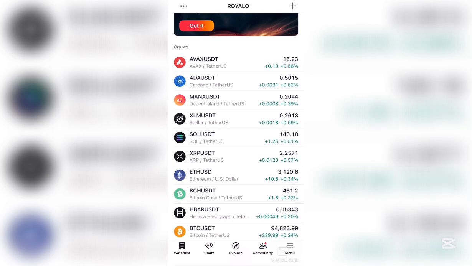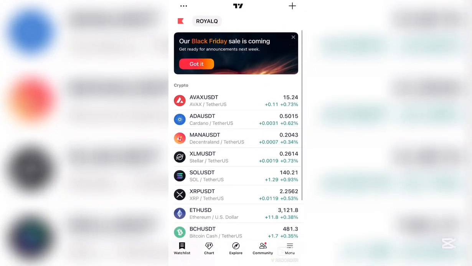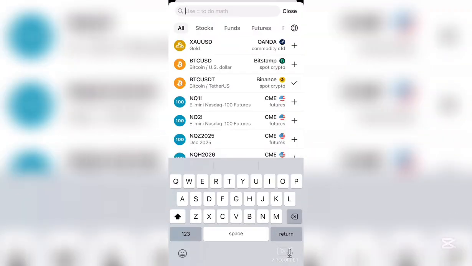Good. So let's say you've created your watch list and now you want to add some cryptos to it. The first thing is that you have to click on the plus sign at my upper right corner. So when you click there, a space will be provided.